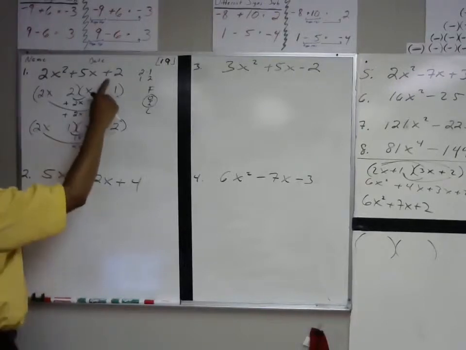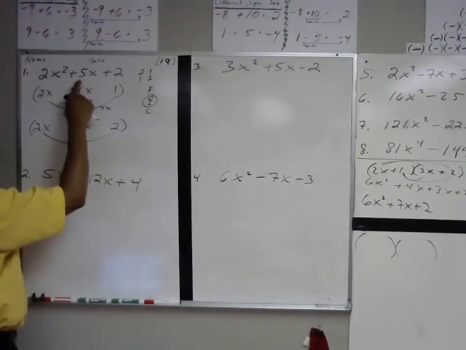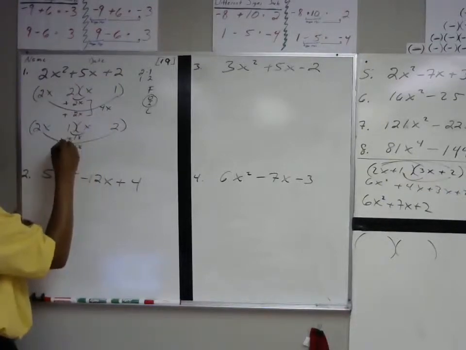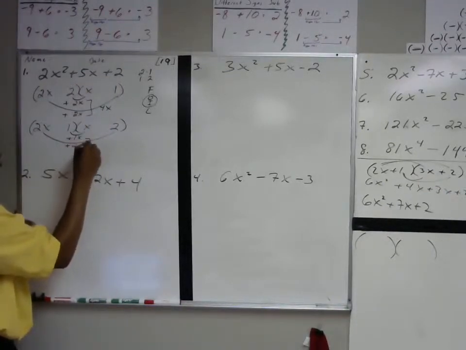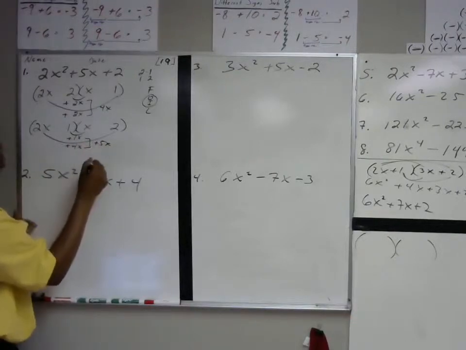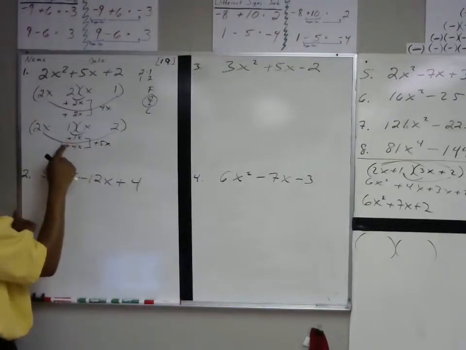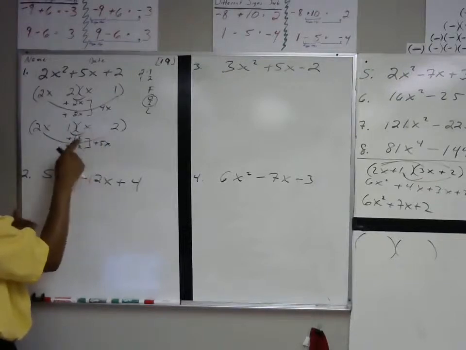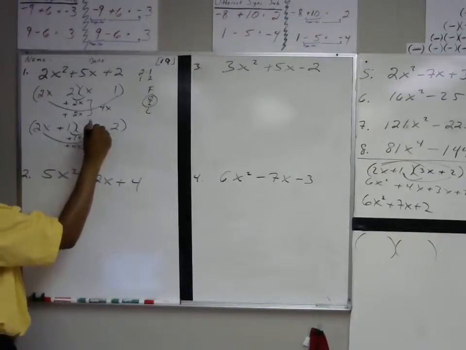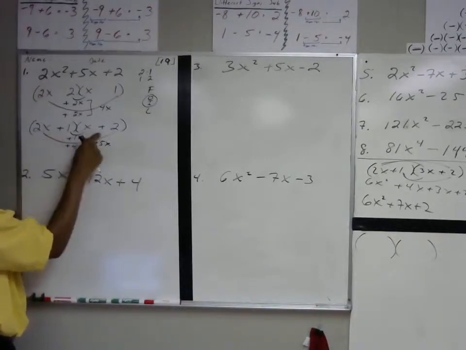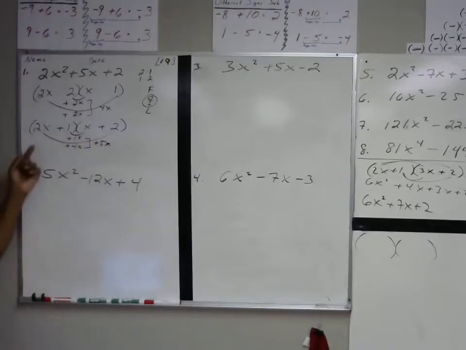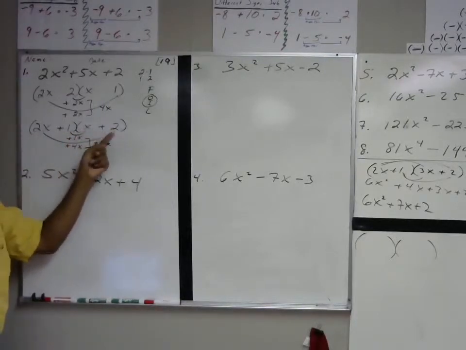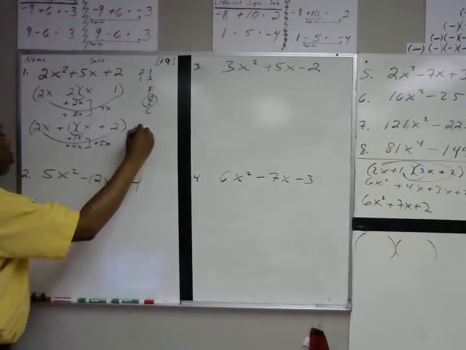We want the signs to be the same, and we want to add up to 5x. Well, if they both were positive, this would be a 5x. So this is the right combination, the 1 and the 2. So a plus will be first here, and a plus will be second here. And we're done. That's it. 2x plus 1 and x plus 2. This is the right combination.